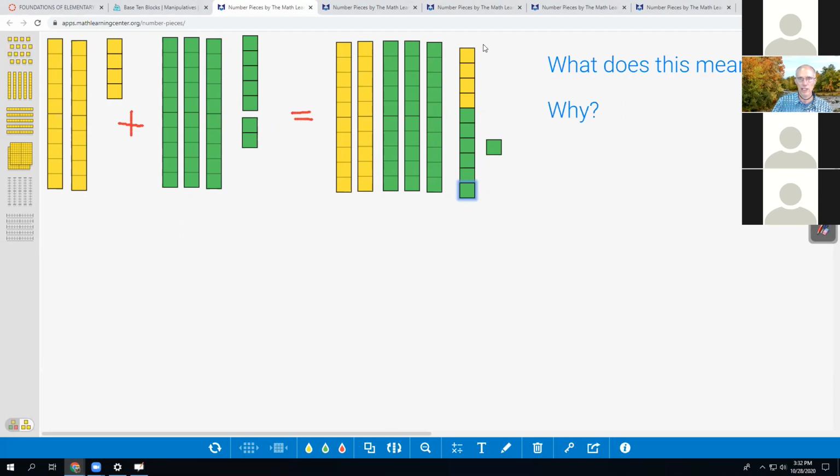And so then I can circle that and tell the computer to stick them together for me. Now, drawing with a mouse like this is kind of a pain, but now I have a single 10 that I can treat like a single 10. Okay, and then there's the one over there. So this idea of physically trading in, I think, is really important for a lot of kids.